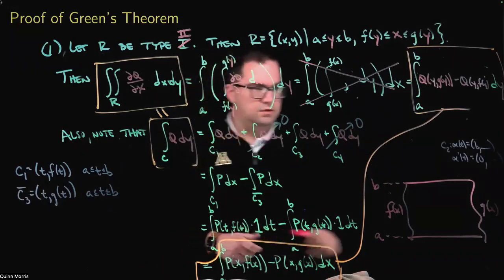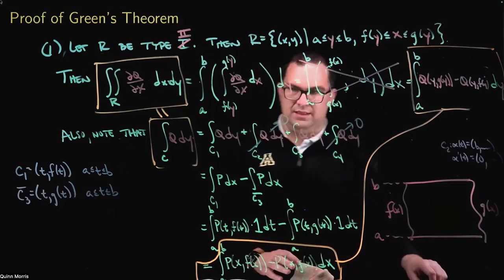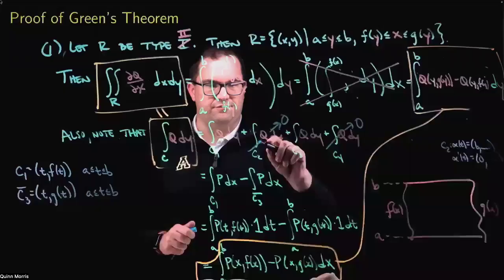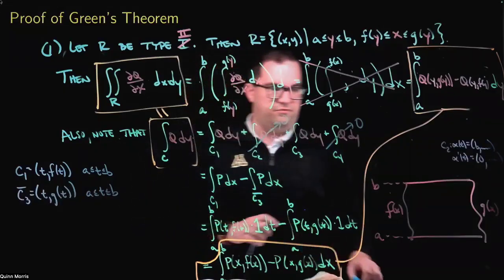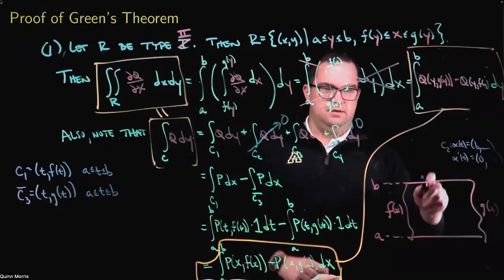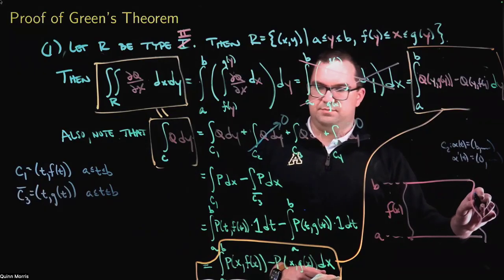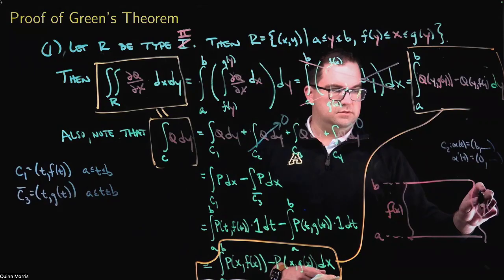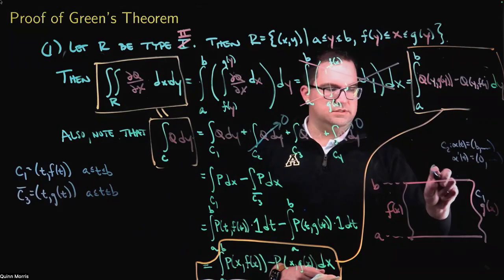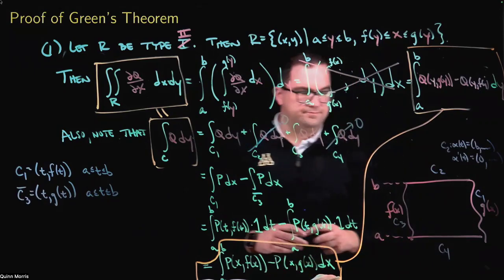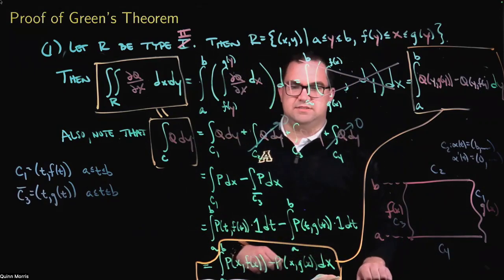Okay. So now I need to label things over here, and to save myself some headache, I'm going to label them in a slightly different way than I did before. Let's call this curve C1, C2, C3, and C4. Okay. So it's the same idea as before.